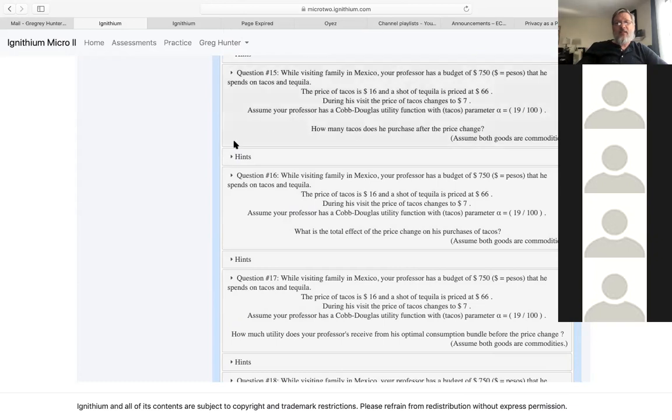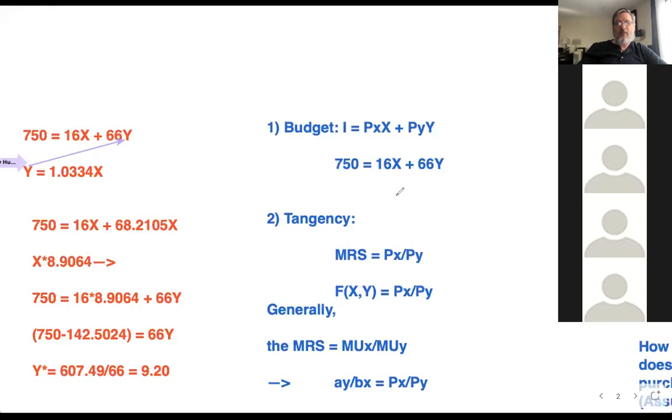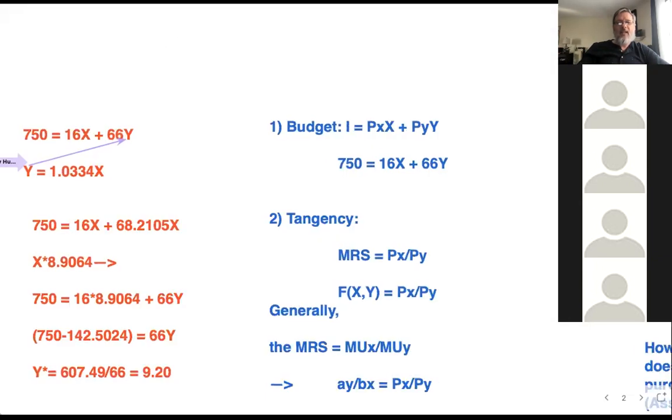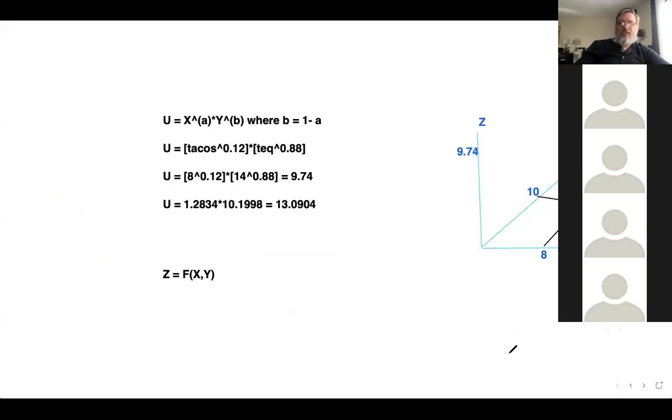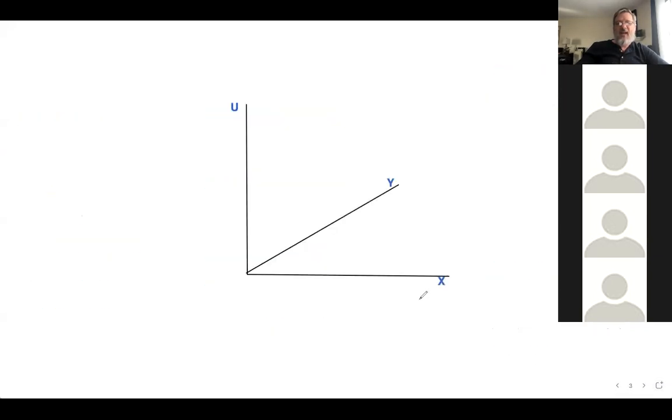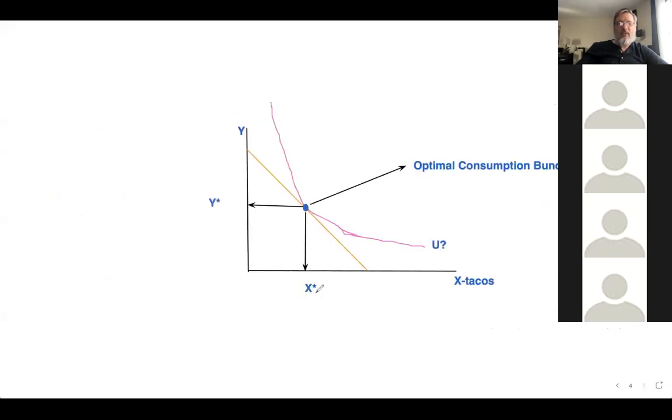But let's go ahead and go back to the whiteboard for a minute. So what's going on here? We have found our optimal consumption bundle in this particular example. We found our X star and our Y star.